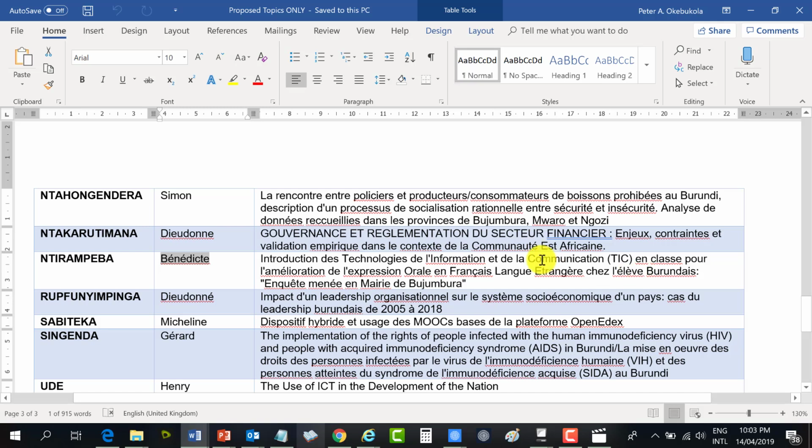I can see ICT and the matter of introducing the technology, information technology, for ameliorating, correcting oral English, oral French expressions of people in Burundi. This is very, very good. So she'll be asking questions relating to this problem that she wants to solve.